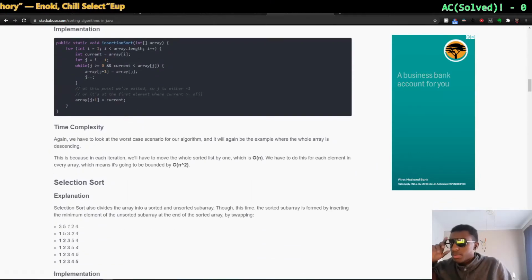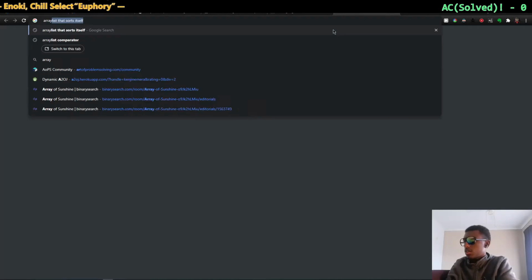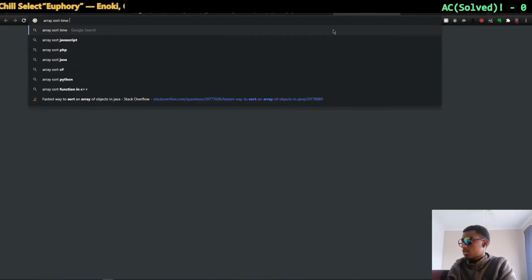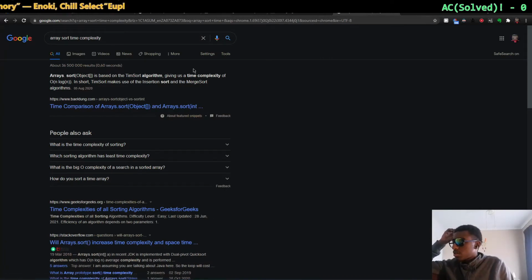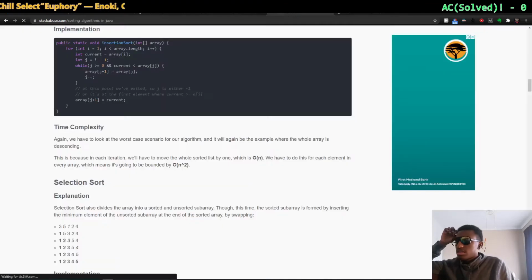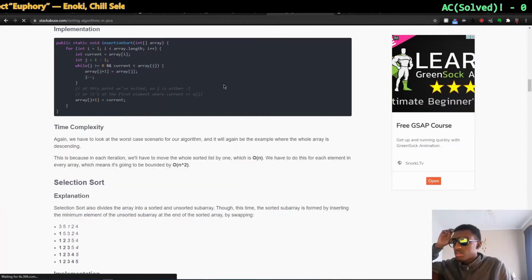What is the time complexity of array sort though? N log n. How are you going to sort in O of n though?